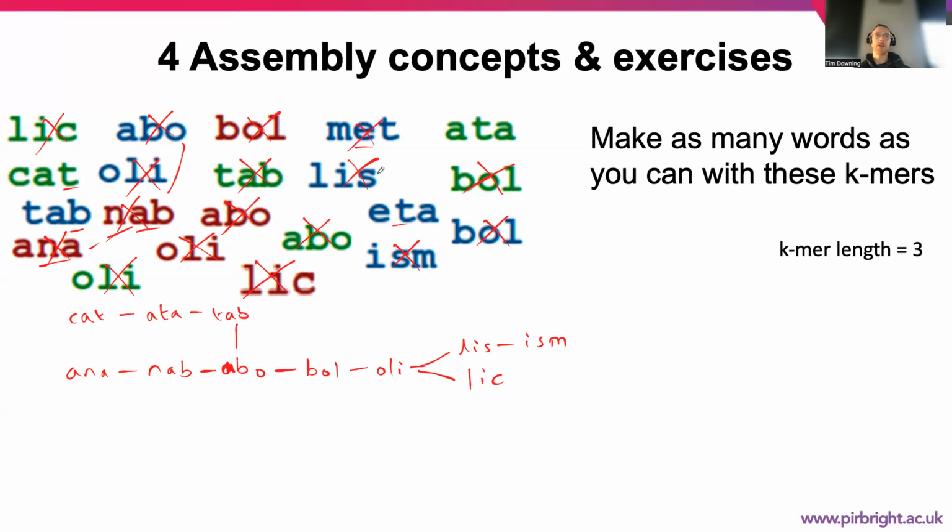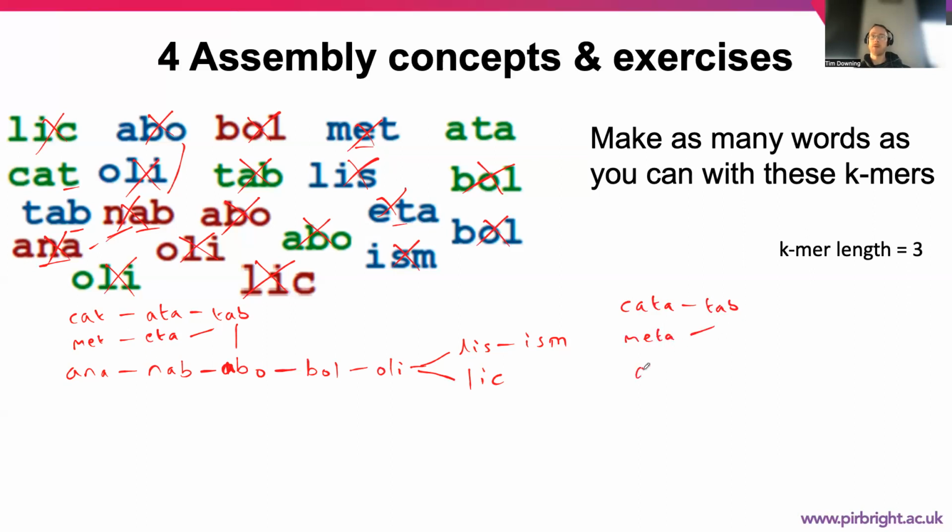And then we have met and etta. And that connects to tab as well. So you see this is kind of our reconstructed graph, and we could try to simplify that. So you have kata connecting to tab, and then meta also connects to that as well.